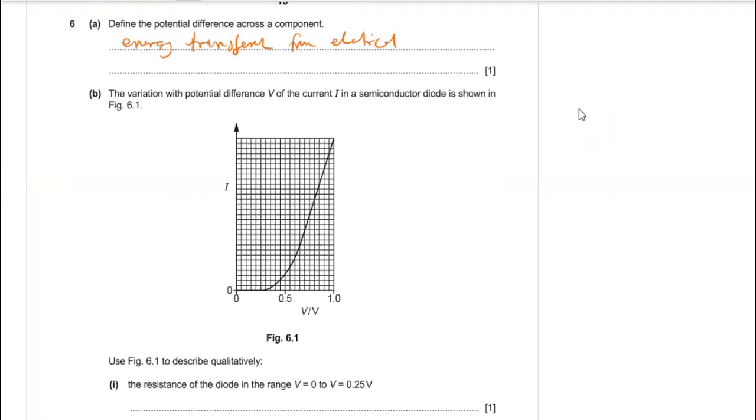For example, if it is a PD across a bulb, it will be from electrical energy to light or thermal energy. So it's from electrical to other forms of energy per unit charge. To make it short, we can say this is the energy transferred across a component per unit charge. That will be all for 1 mark.